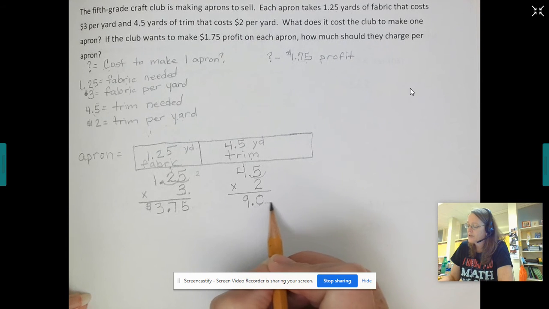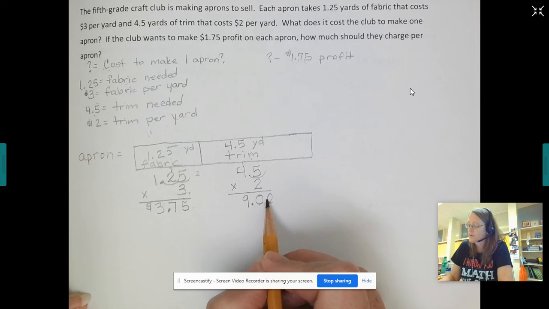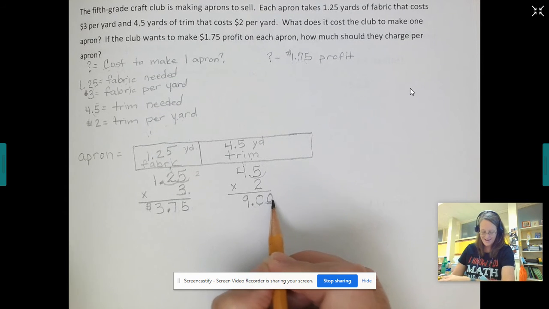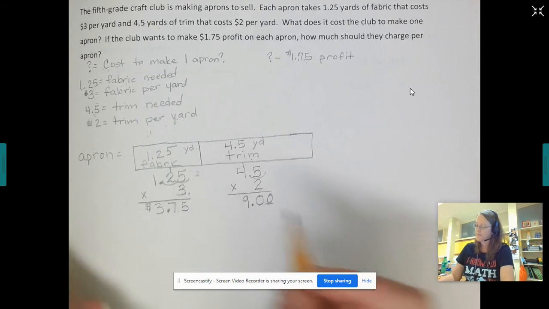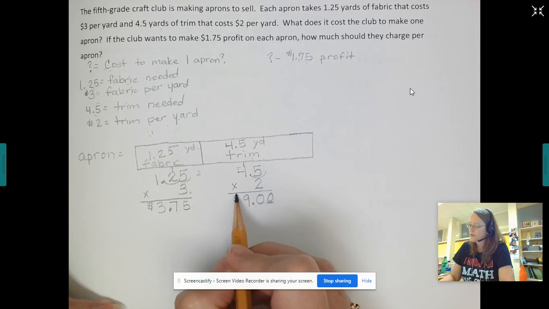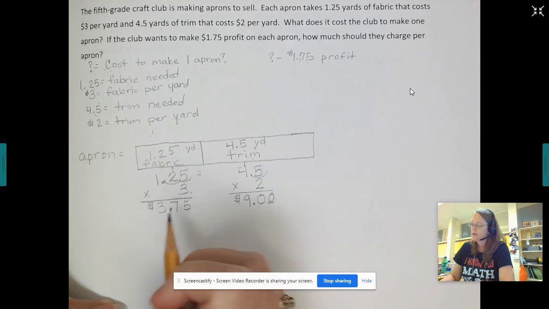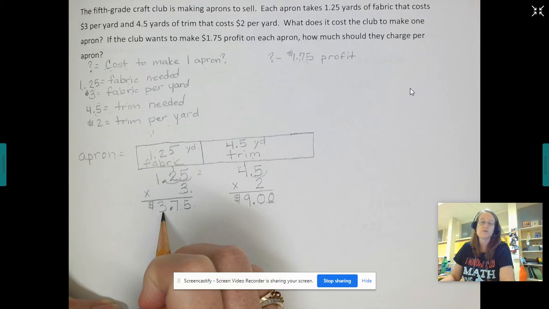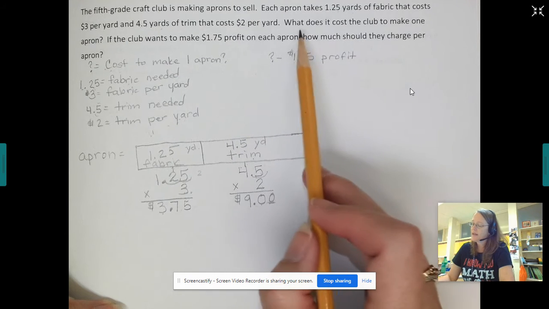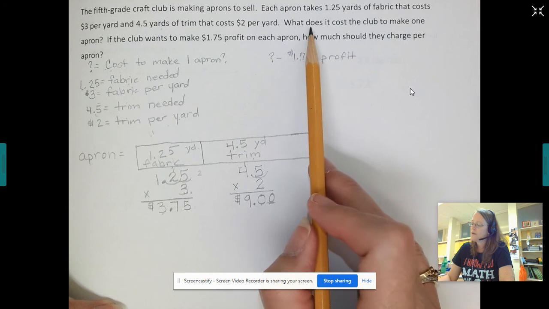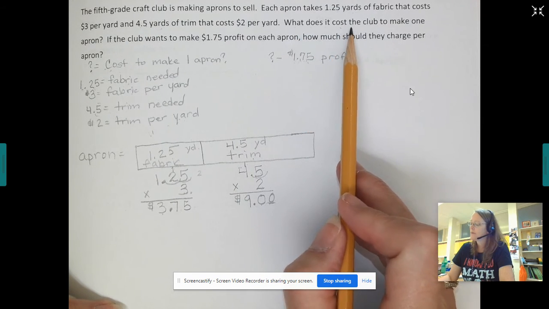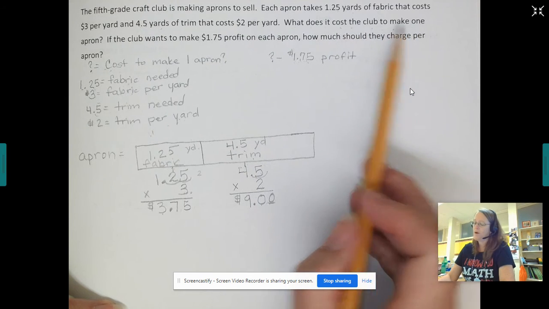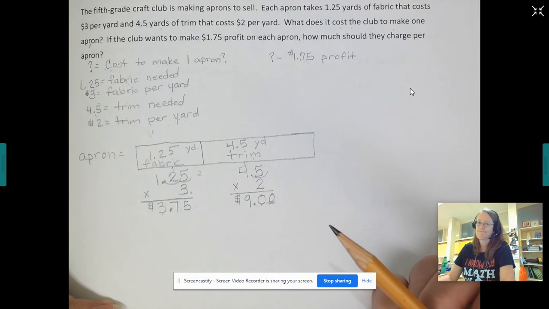We need money to go to the hundredths place. So actually, that is $9. Okay. The trim is going to cost us $9. The fabric is going to cost us $3.75.